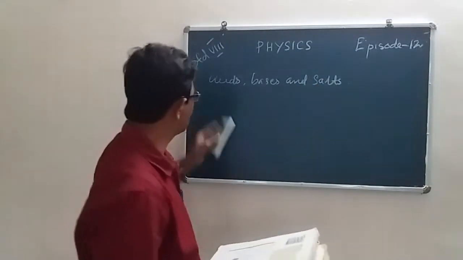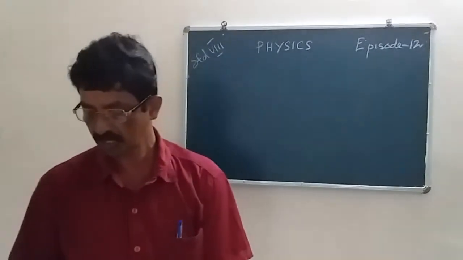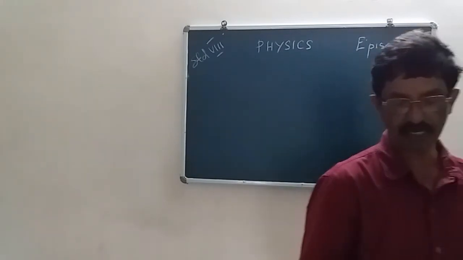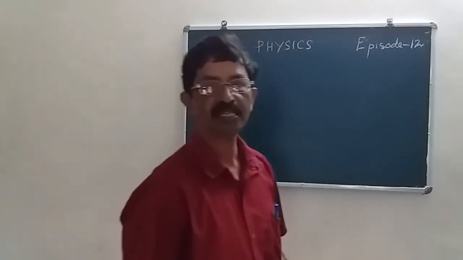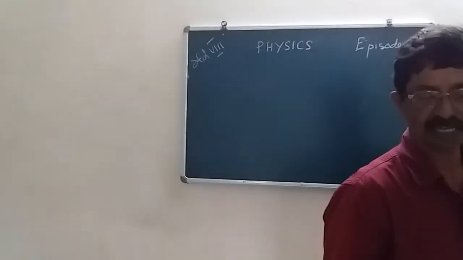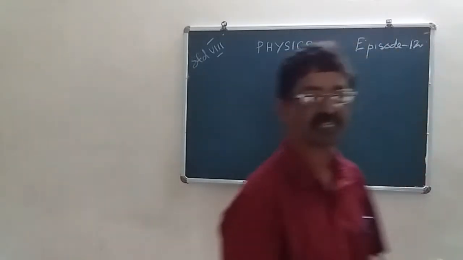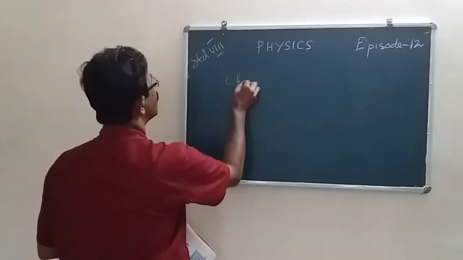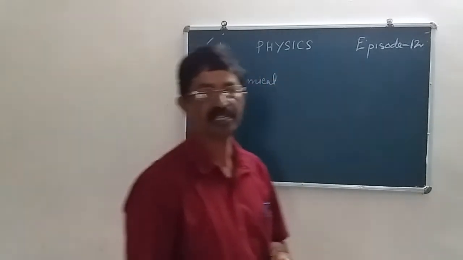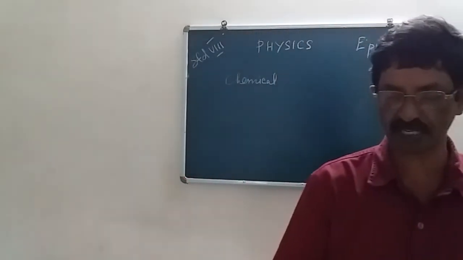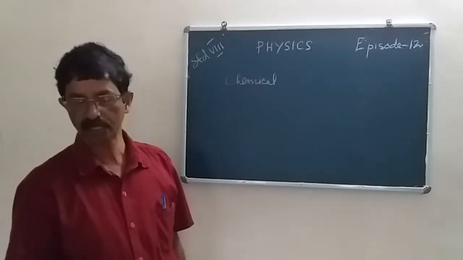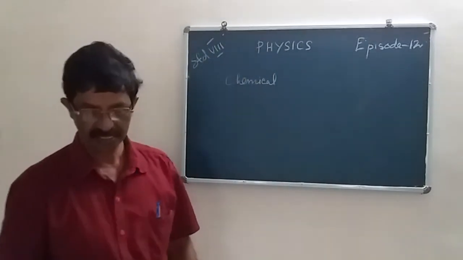Then question B, the passage of an electric current through a solution causes dash effects. The answer is chemical effect. Once again, the passage of an electric current through a solution causes chemical effects.